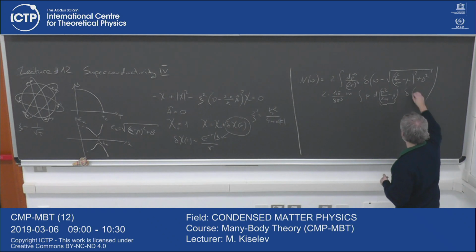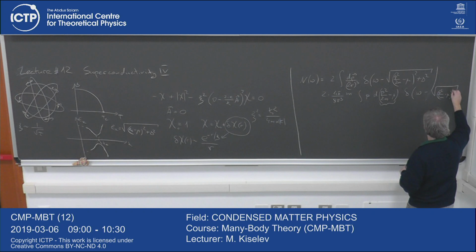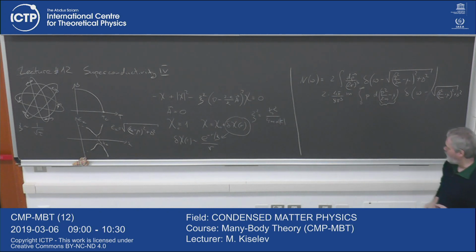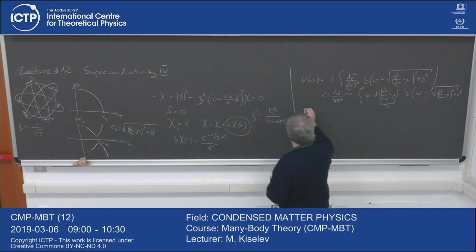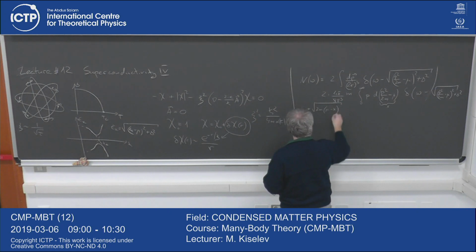Okay, and we have this delta function: omega minus square root of (p squared over 2m minus mu) squared plus delta squared. If I introduce this variable and call it x, then the integral over p is from 0 to infinity. If we say that this is x, then p is equal to square root of 2m (mu plus x).